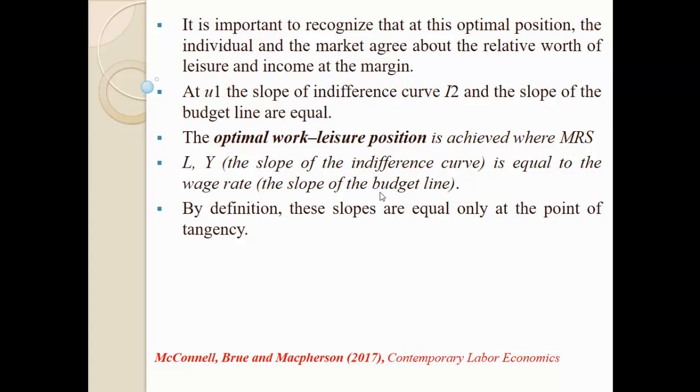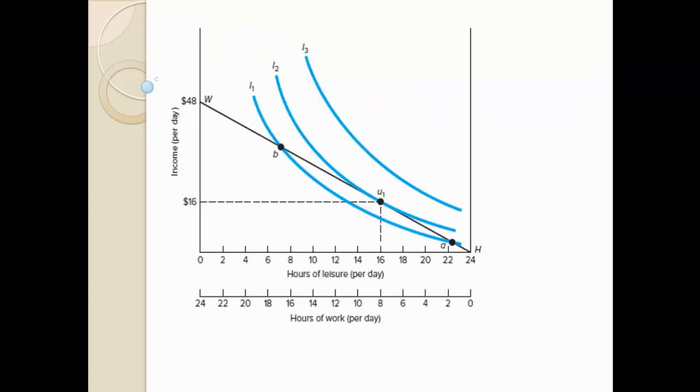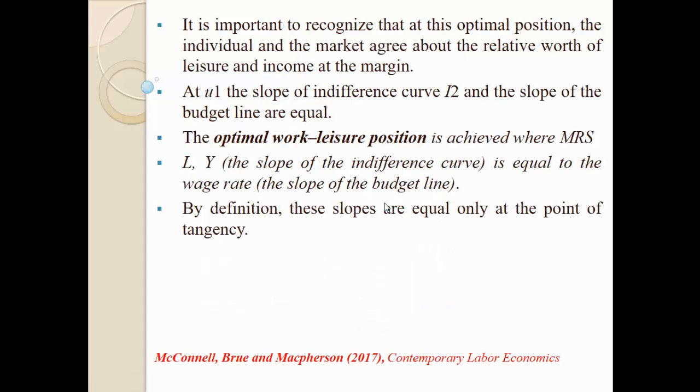At U1, the slope of indifference curve I2 and slope of budget line are equal. As we have discussed many times in microeconomics, equilibrium occurs at the point where the budget line and the indifference curve are tangent. So, at U1, the conditions are fulfilled.